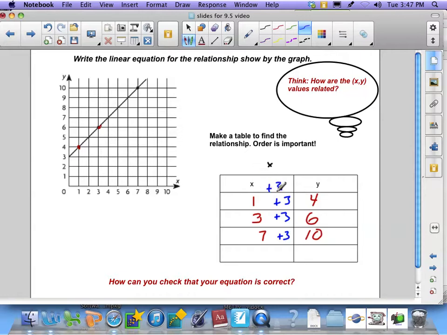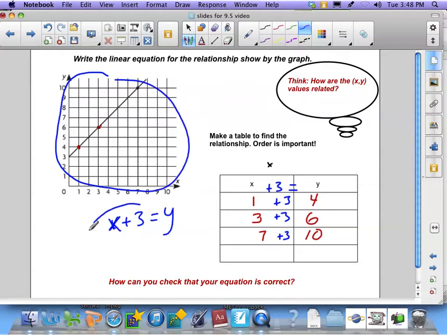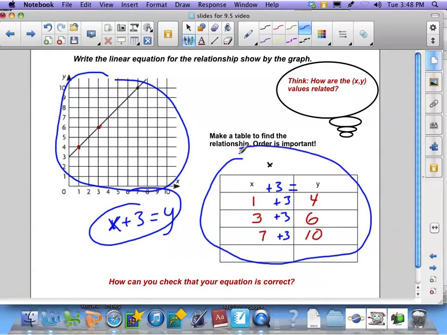So I know that x plus 3 is going to give me y. So my linear equation is x plus 3 is equal to y. So this graph, this equation, and this table all represent the same relationship.